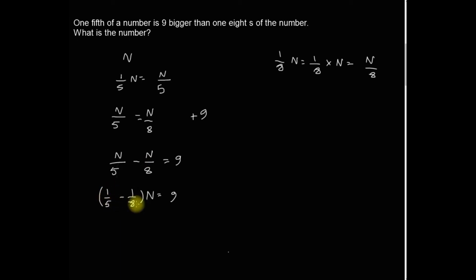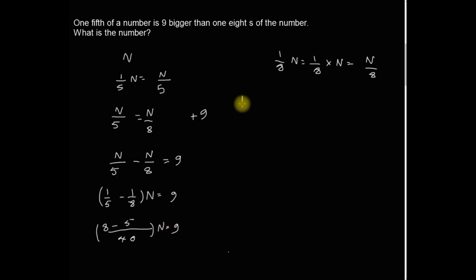Here the common denominator is 40, and this becomes 40 divided by 5 is 8 times 1 is 8. 40 divided by 8 is 5 times 1 is minus 5. All of it of n, put the bracket there as well. This becomes 9.